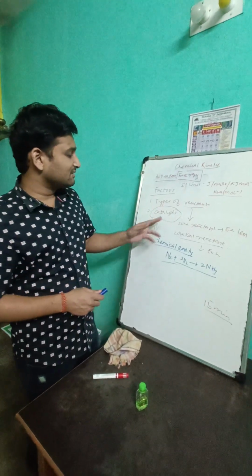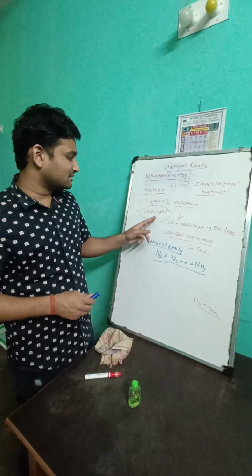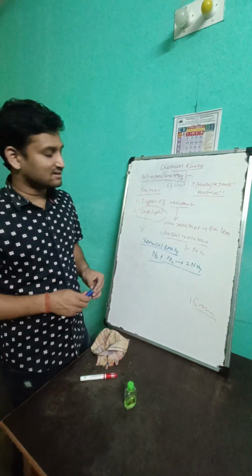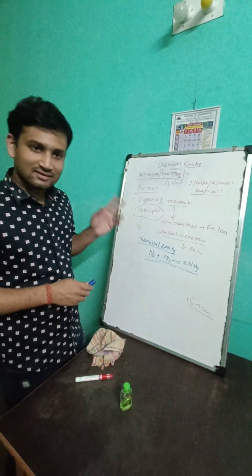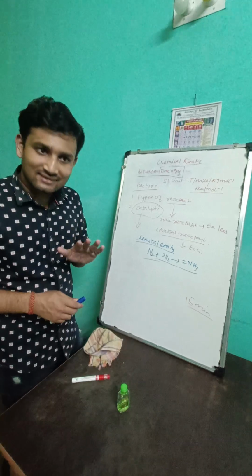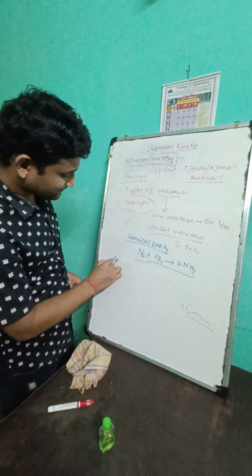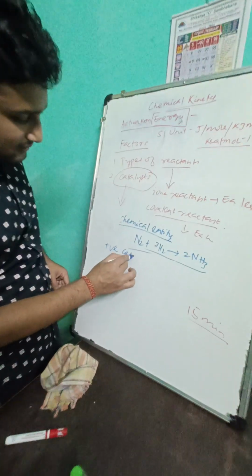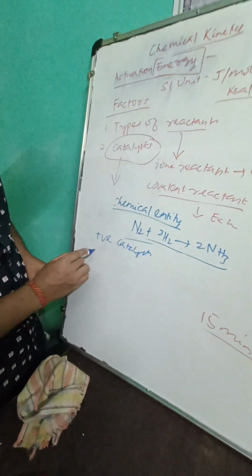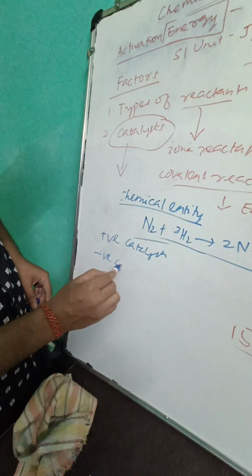Now coming down to the effect of catalyst on activation energy, there are two types of catalyst: positive catalyst and negative catalyst. What are positive catalysts, and what are negative catalysts?